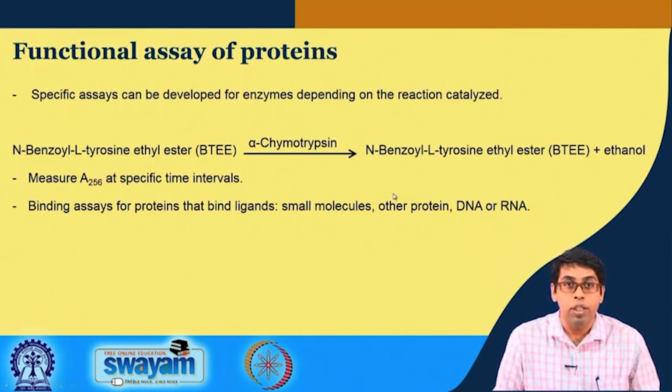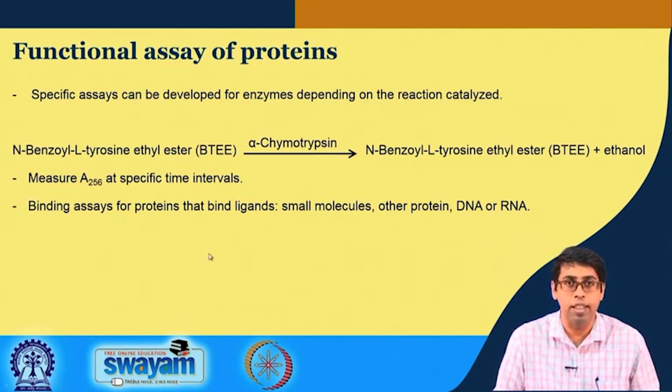and the product can be monitored at an absorbance of 256 nanometers. Remember that tyrosine has its maximum at 280. So, at 256 it will give us very little absorption, and we can always subtract the background, so that we can monitor the product formation at specific time intervals, and using that we can determine the activity of the enzyme.